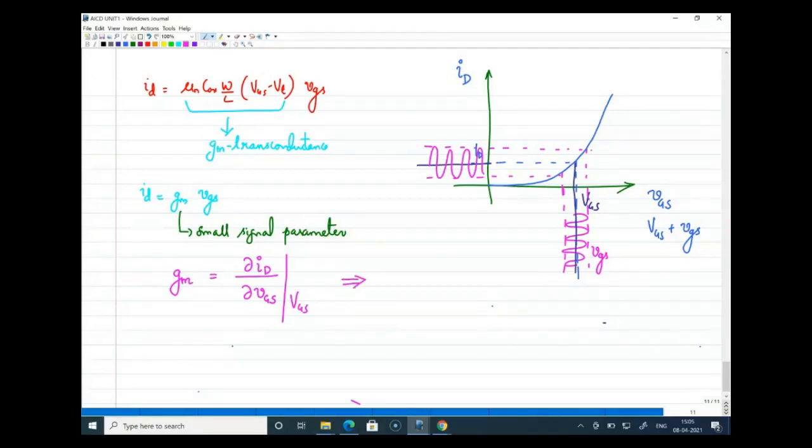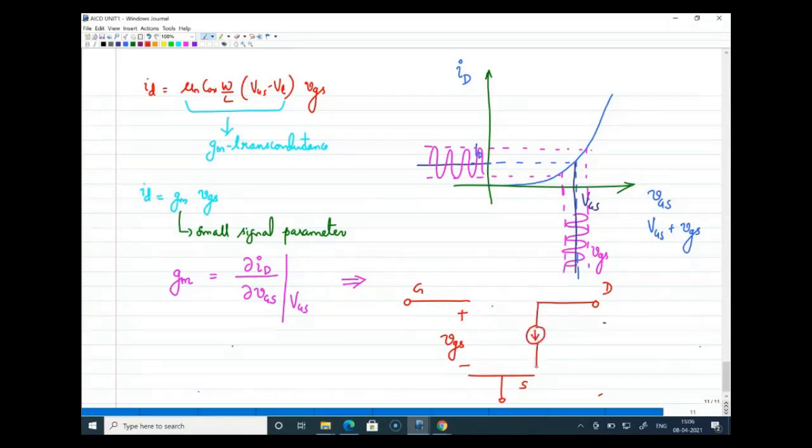How will we write that? Conventionally, we mark this as gate, this side as drain, and this side as source. Three terminals. Now between gate and source, if you apply a voltage, which voltage? Small signal voltage, VGS, that will result in a current. What is the current value?